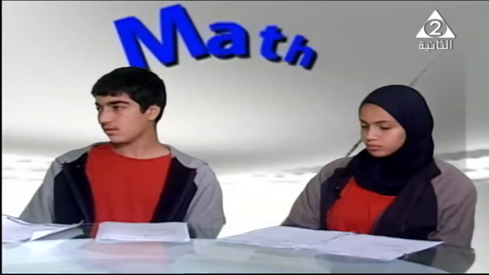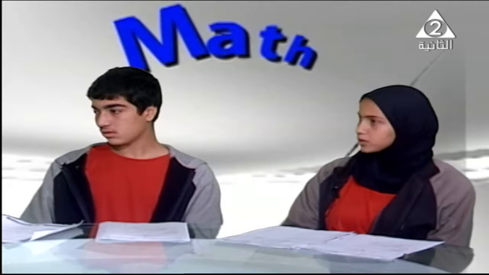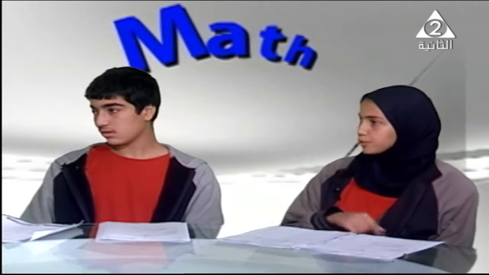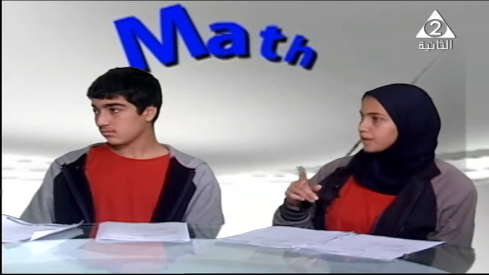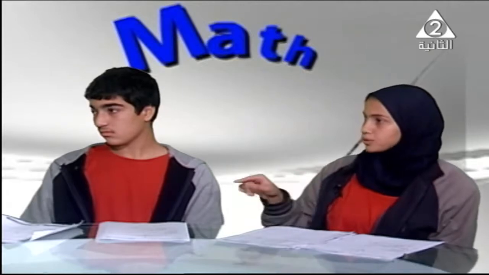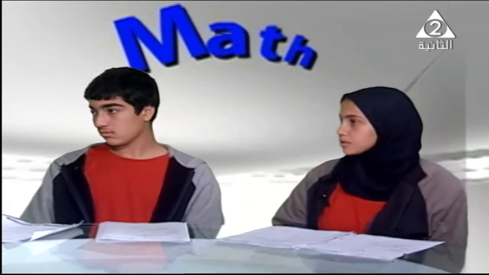But we need the standard deviation in this problem. The standard deviation sigma equals the square root of the sum of (x minus x bar) all to the power 2 over the number of values. What is x bar?